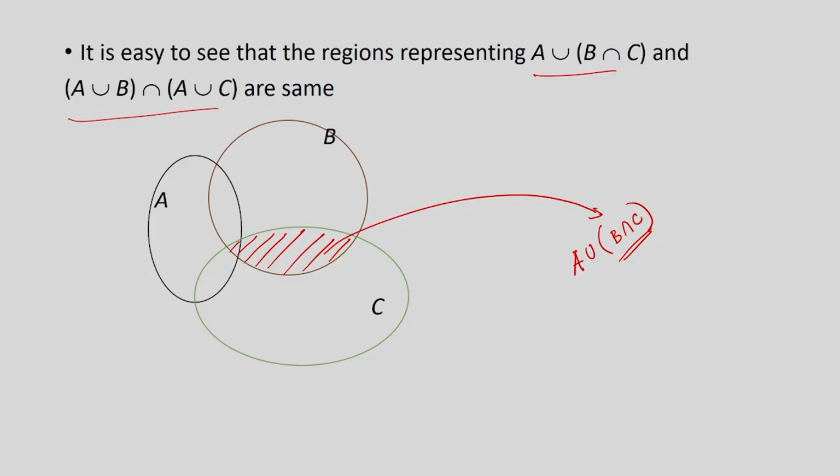And what about A union of B intersection C? So, that will be the set which will include this B intersection C region. Additionally, it will also include the complete set of A. So, this one, and then you have the entire A added to that.